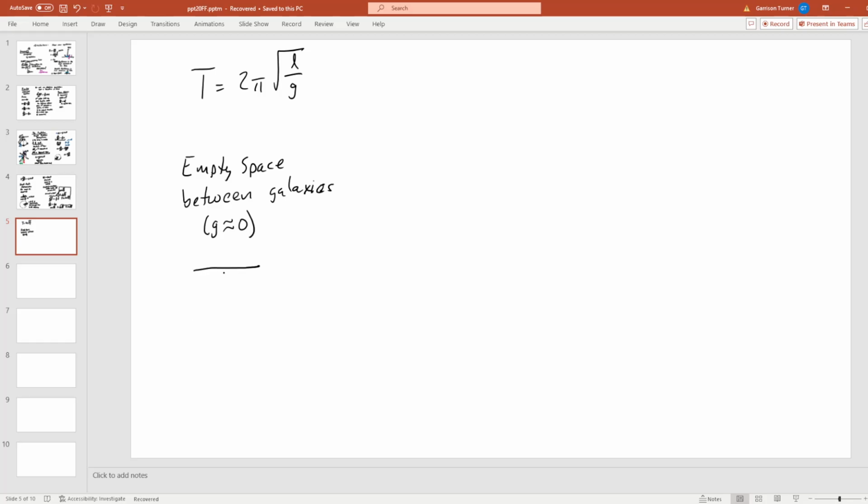So I build this apparatus and I pull my pendulum back. What will happen? Well, if there's no gravitational field, there's no gravity to pull on it, no net force. So if I pull it back and hold it there, it will remain stationary.